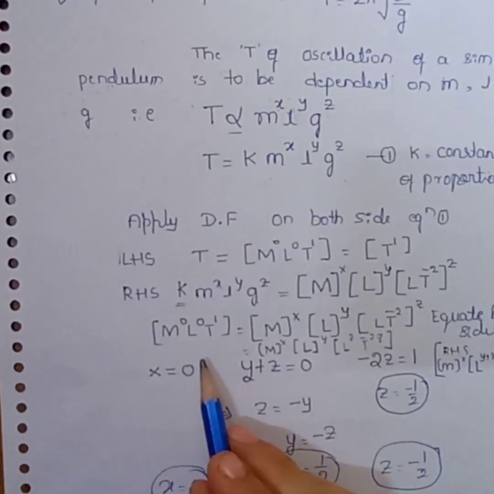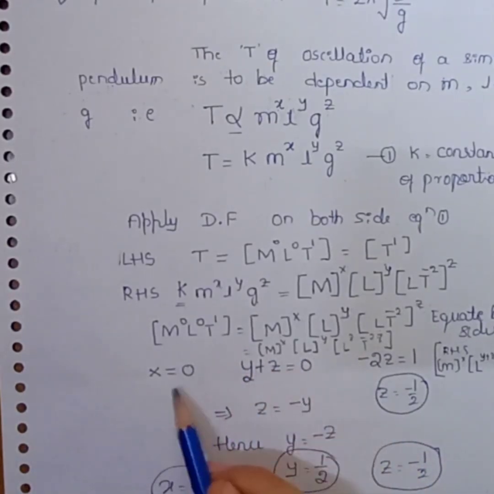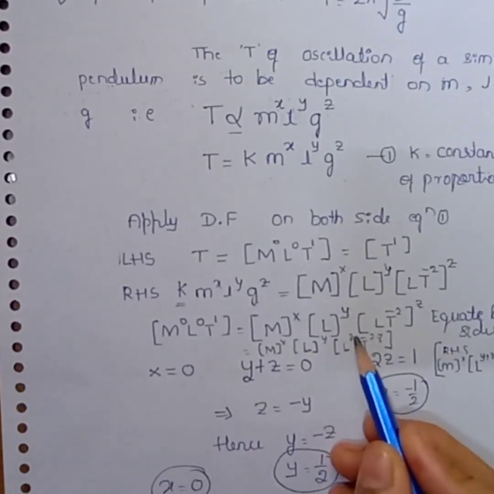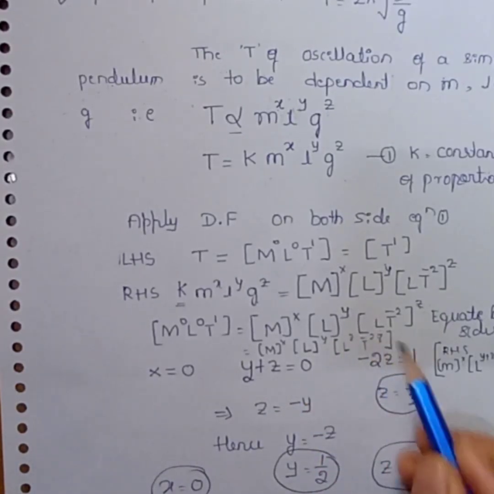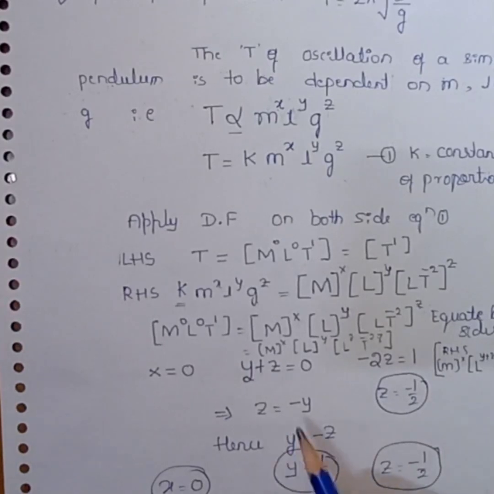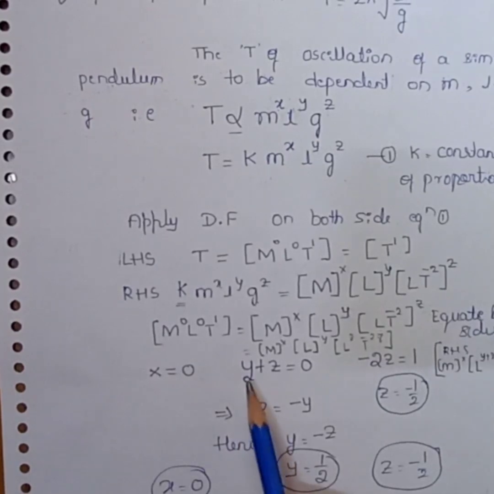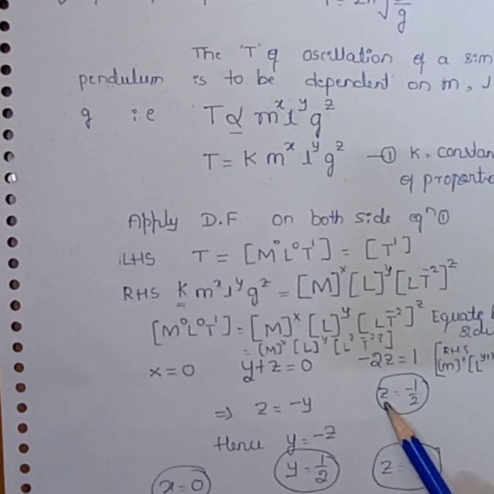Just by comparing your LHS and RHS part, it becomes x is equal to 0, y plus z equal to 0, and minus 2z equal to 1. Hence z equal to minus y, just by sending y on the right hand side. And here z equal to minus 1 by 2. Hence y is equal to minus z. So we know the value of z equal to minus 1 by 2, hence the value of y equal to 1 by 2, and x value equal to 0, we already got that one.